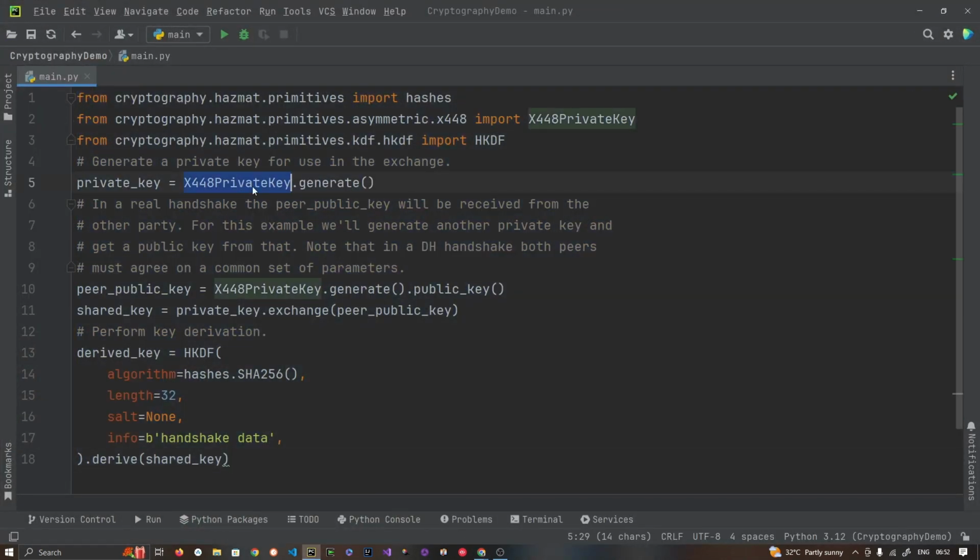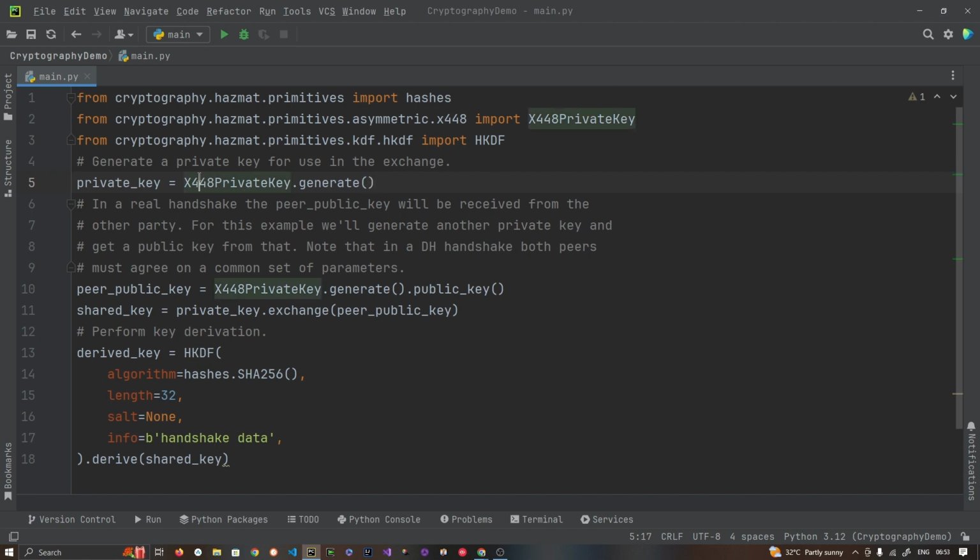As you can see, we first generate a private key, then we receive this public key from your server. Remember that for this particular code, dot generate, you have to look for the library on your client platform. In my case, I have found that iOS and Android both have X25519 implementation available.